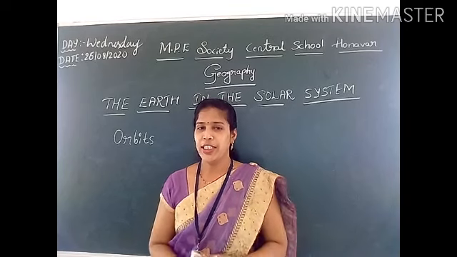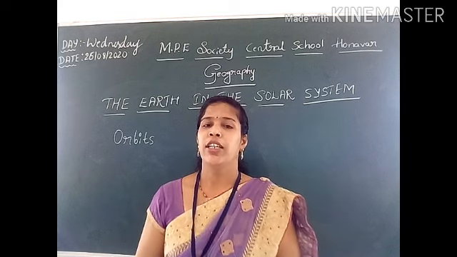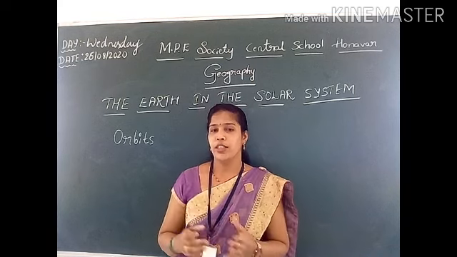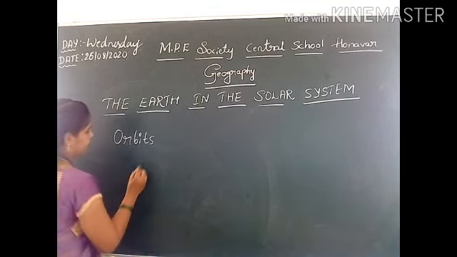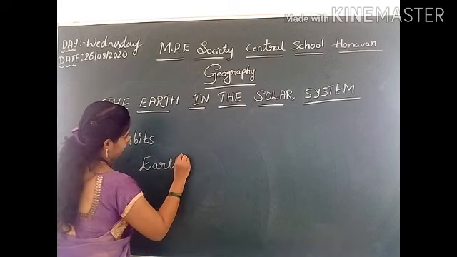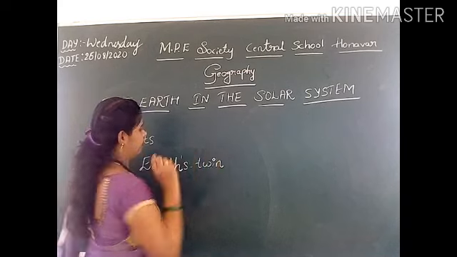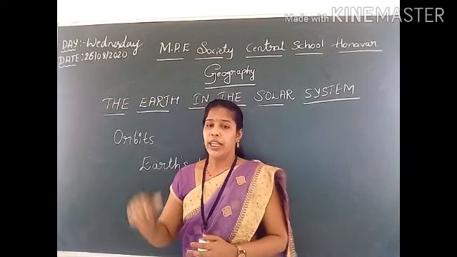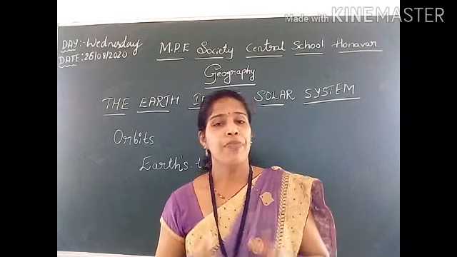Venus. Venus is the second nearest planet to the Sun. This Venus is also considered as Earth's twin, because its shape and size are very much similar to the Earth.